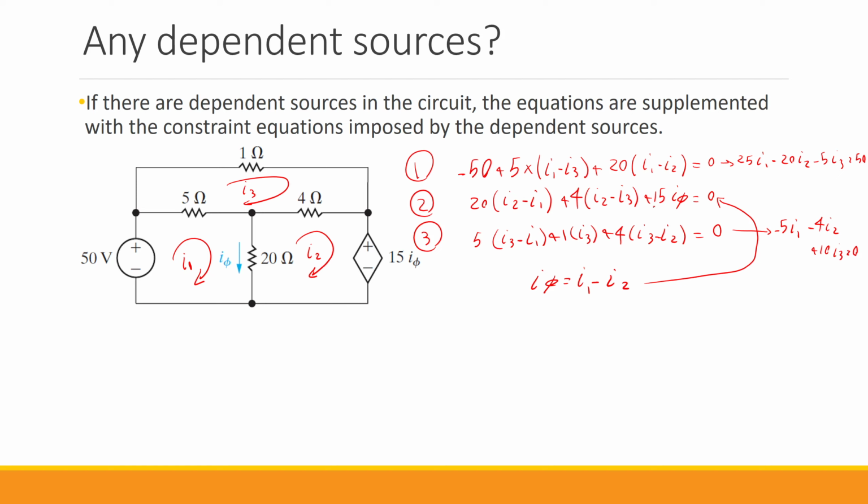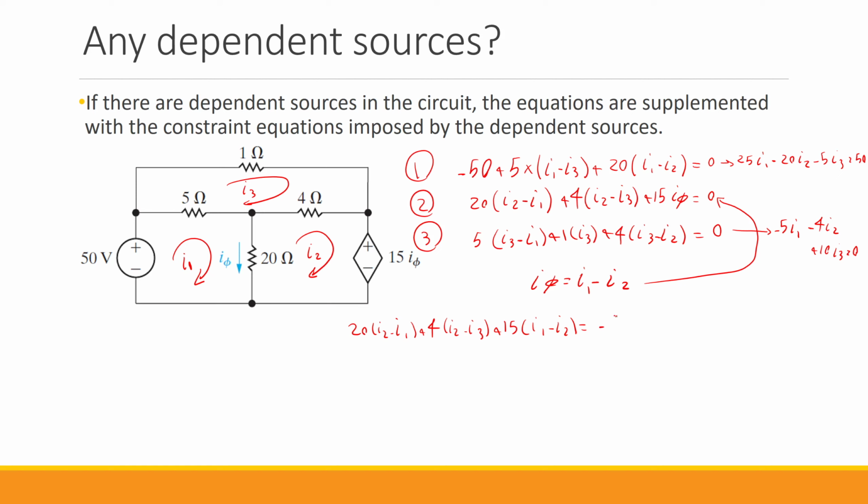And finally, for this equation, if I write it like this, we have 20 I2 minus I1 plus 4 I2 minus I3 plus 15 I1 minus I2, which equals negative 20 I1 plus 15 I1.